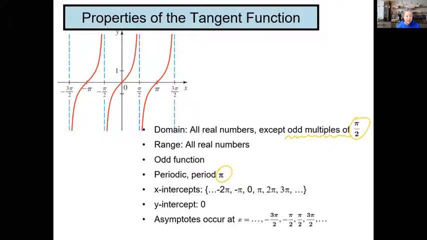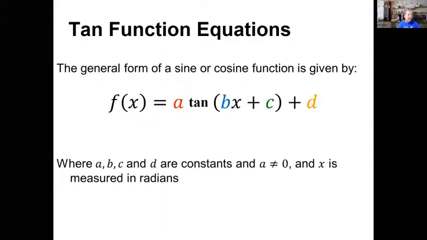And another thing. That was a graph, and now we will see how the structure of the equation of the tangent function goes.